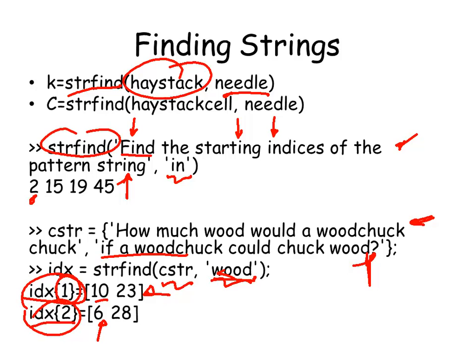So in the first string, the word would occurs at the 10th character and 23rd character of the first string. And the word would appears in the 6th character and the 28th character of the second string. All right?